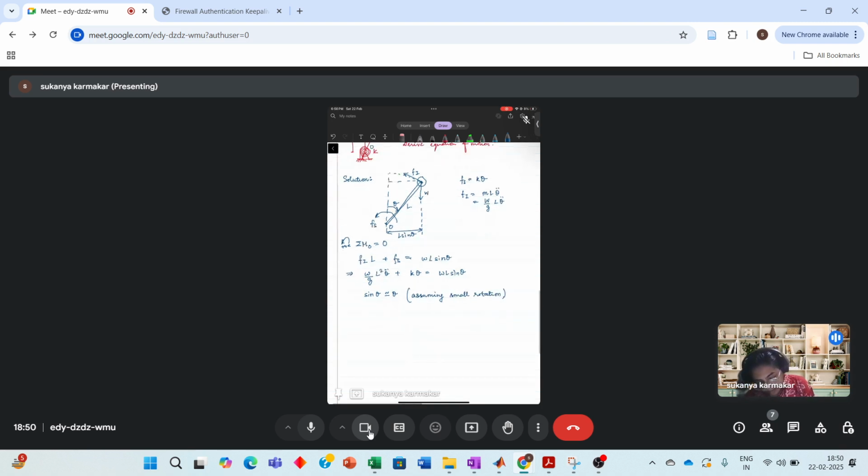So you can write W by g L square theta double dot plus k theta equals WL into theta. And I can just simplify this and write, k minus WL.